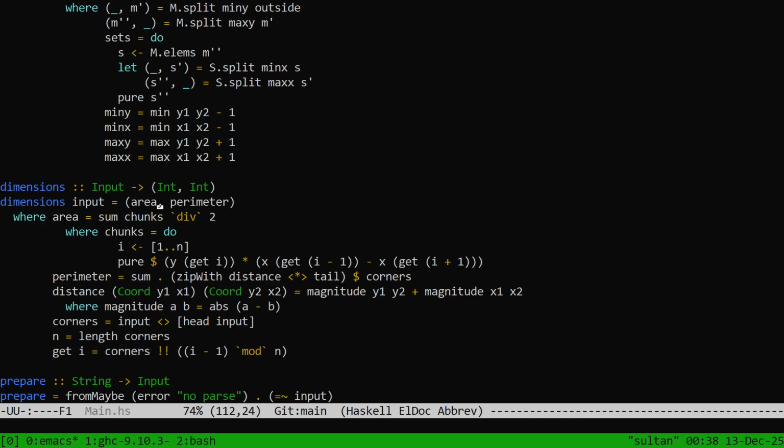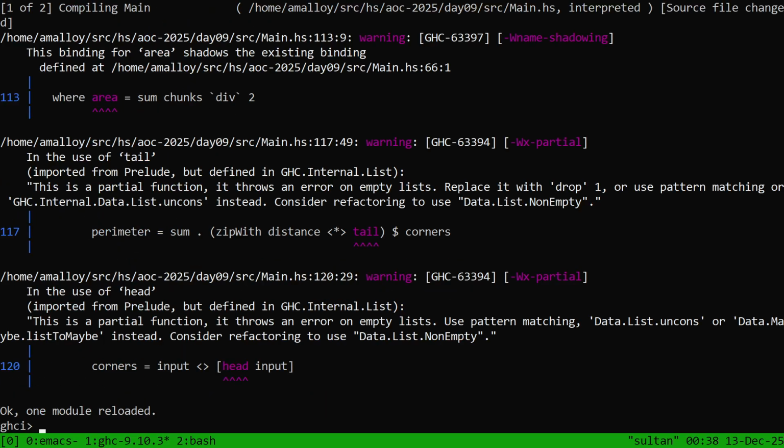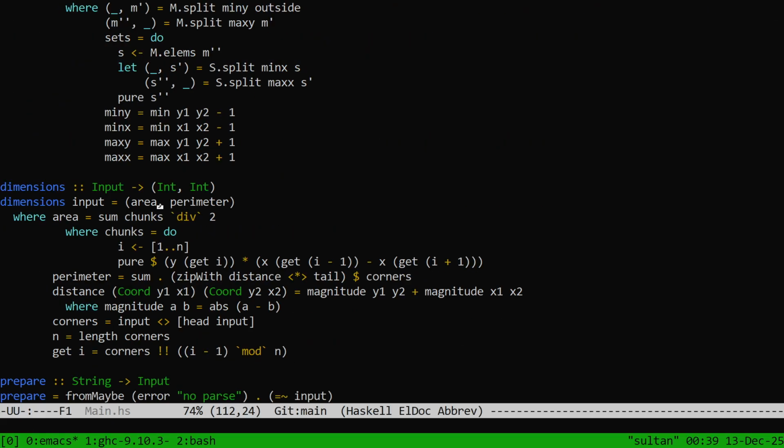Like, I could turn this into A and P, but I think it would be a worse function, so I'm not going to. And then, like, zip with distance tail. I mean, yeah, perimeter. Very funny. Line 117. I just shouldn't do it the stupid cute way, right? I should do it right.